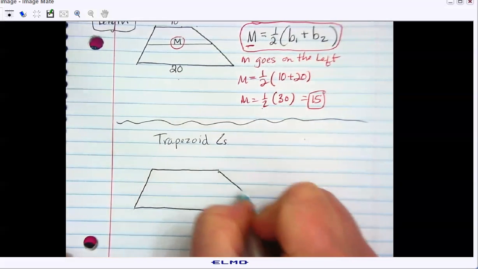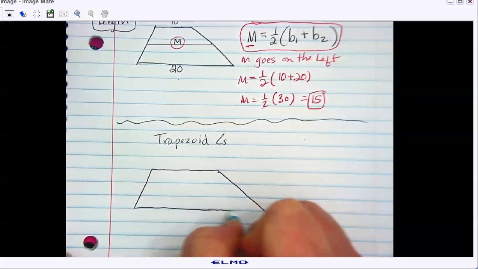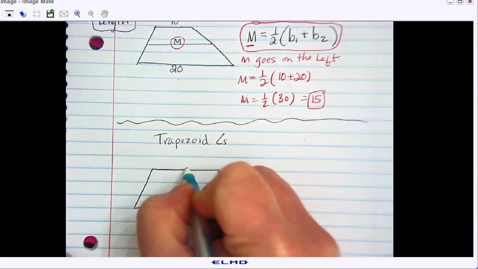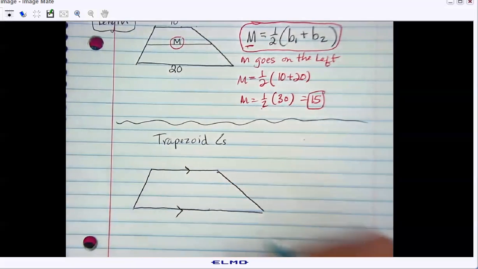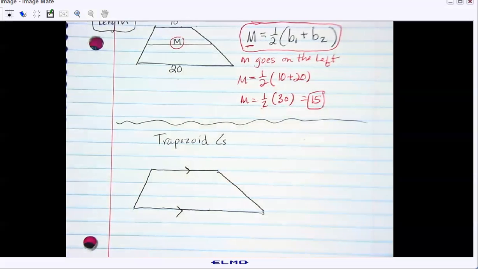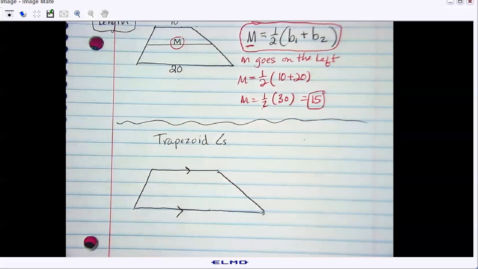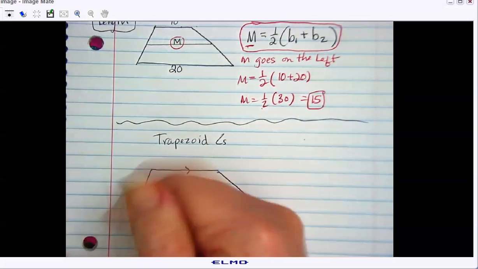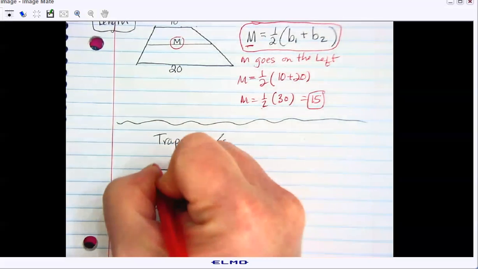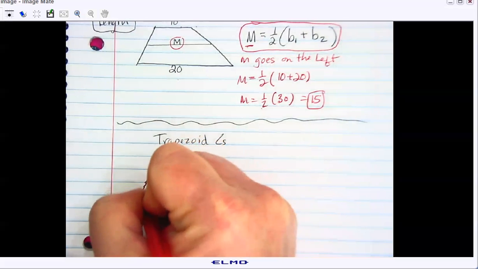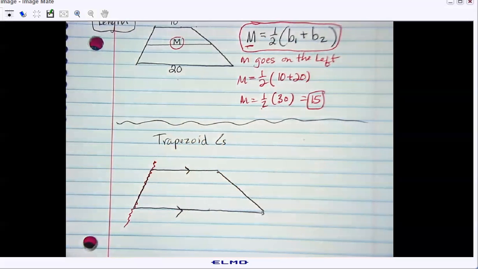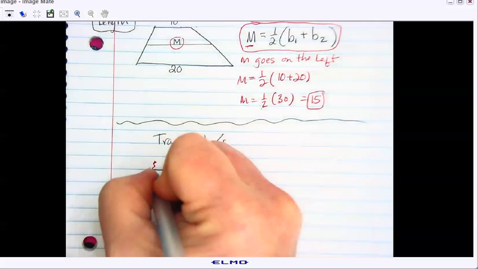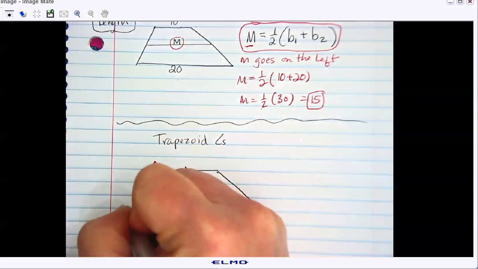Well, it's been a while since we've really done parallel lines. That's okay. So if I've got those parallel lines, and we think back to our corresponding, alternate interior, etc., this line actually becomes a transversal. And we could think of these lines as being extended if we wanted to.